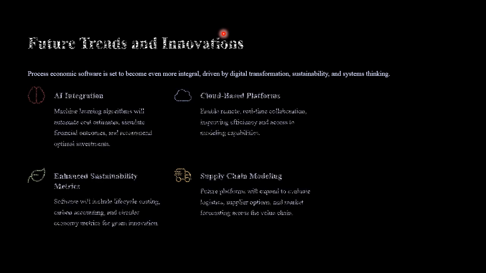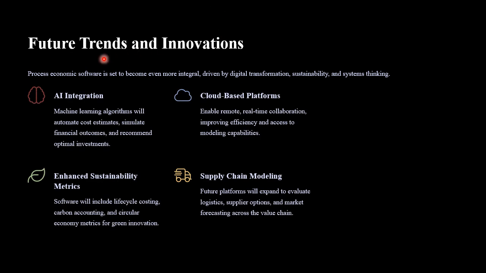In the near future, process economic software tools are projected to have a higher level of integration with AI, making autonomous systems possible. Again, it's projected that they may have cloud-based platforms, to make working with this software remotely possible. It's also predicted again that they may have supply chain modeling.